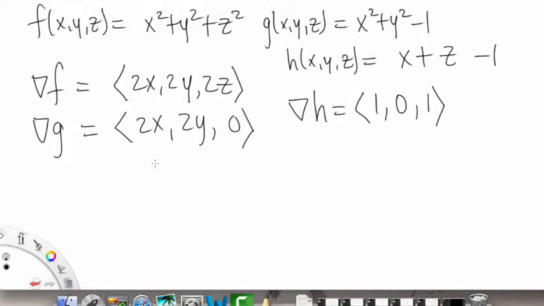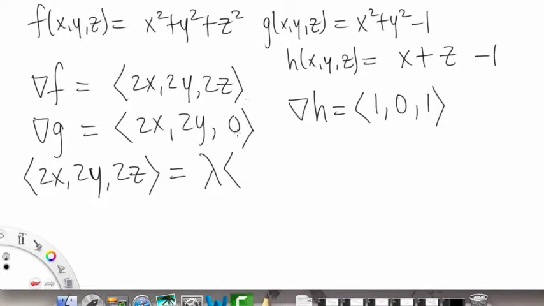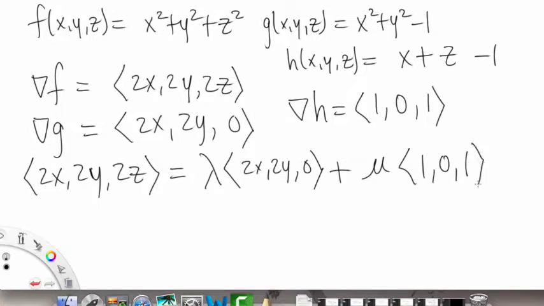Okay? Alright, so now we can set up our equation, and then we'll go from there. So we have 2x, 2y, and 2z on the left-hand side. And then we have lambda times the gradient of g, which is 2x, 2y, and 0. Then we have that added to mu times 1, 0, 1, which was the gradient of h. Alright, so now we have our equations.